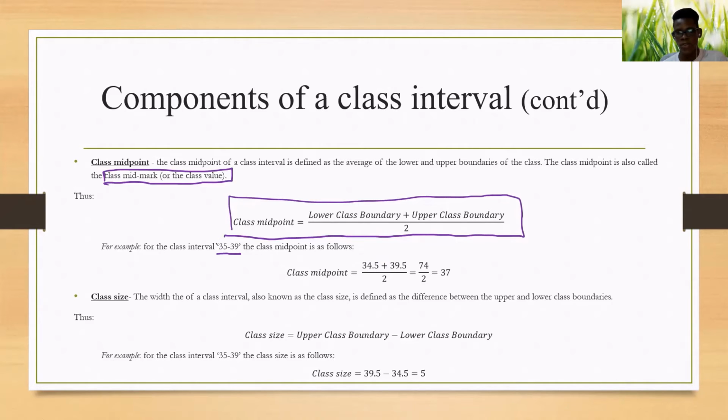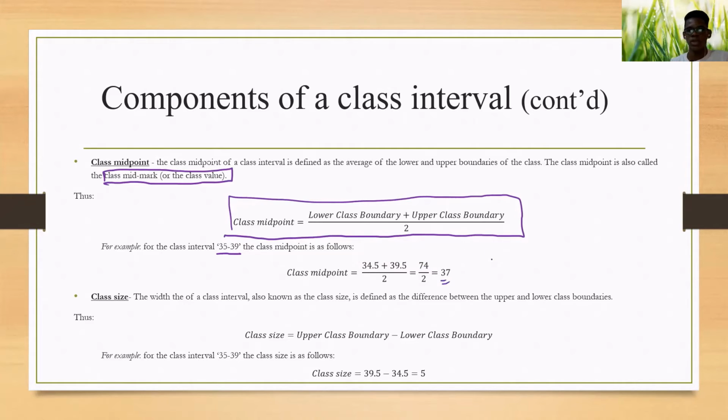Again, I got that by subtracting 0.5 from 35. And I got 39.5 by adding 0.5 to 39, right? So that's how I got my upper boundary and my lower boundary. Add those two and divide it by 2, and I will get the class midpoint. So the class midpoint for this class is 37.